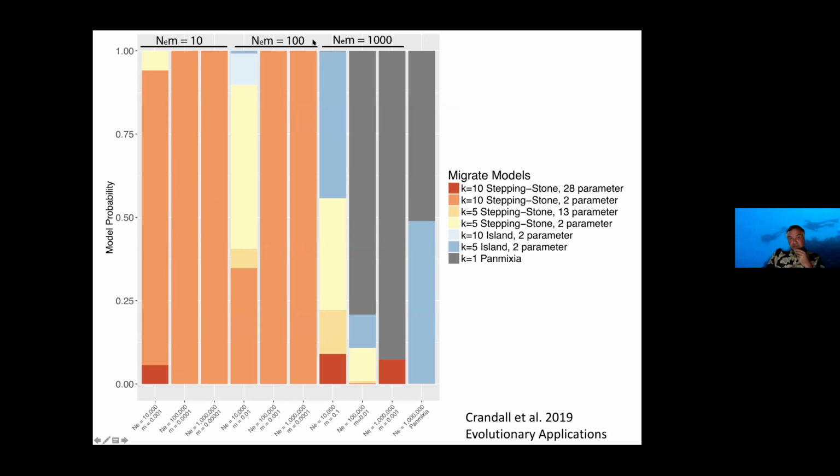For 100 migrants per generation, and this is what blew me away, Migrate still gets the correct model almost 100% of the time, except in this model with effective size of 10,000, in which case it still gets almost the correct model. It just tends to see fewer numbers of populations. For effective migrants of 1,000, okay, nothing. It's not able to reconstruct that. But this right here is way, way better than FST can do.